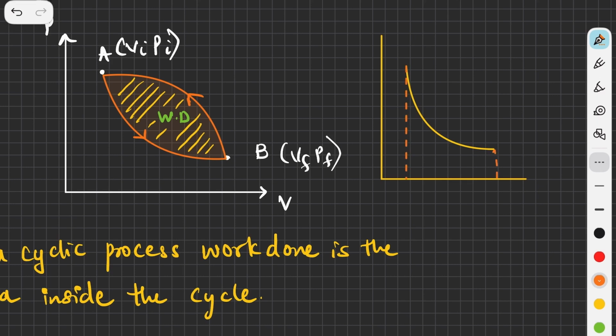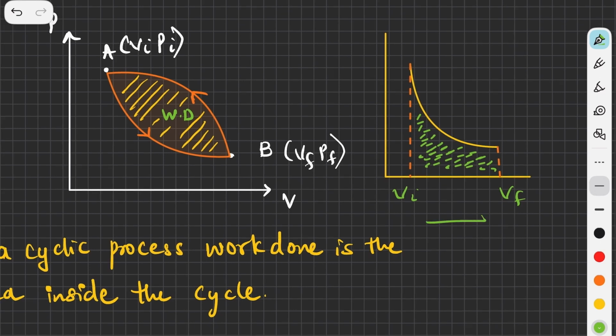Because this is the initial volume and this is the final volume, the volume has increased while going from initial to final. So A is your initial state and B is your final state.